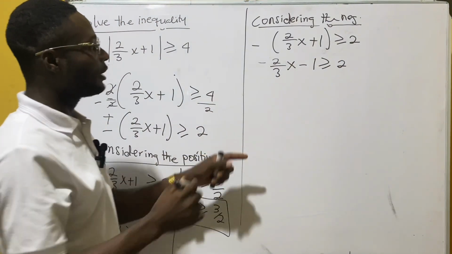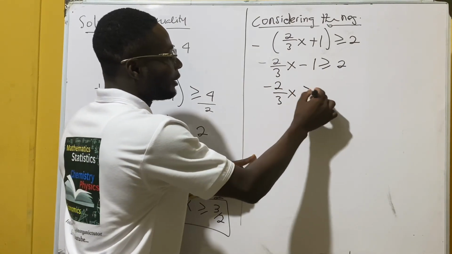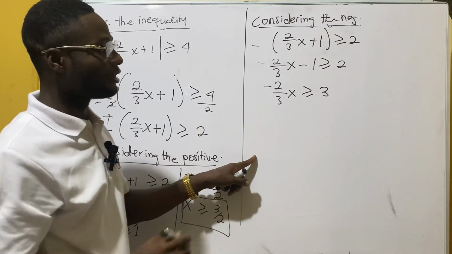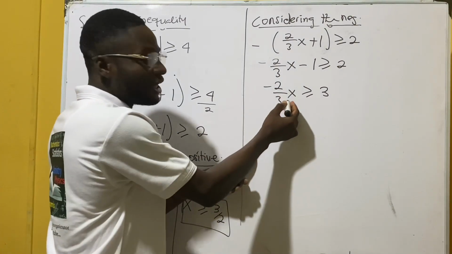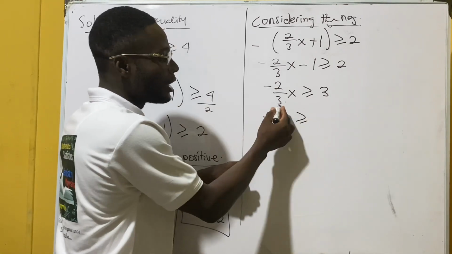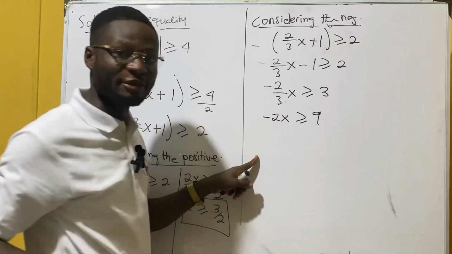Right, so here we are going to have minus 2 on 3x greater than or equal to 3, because this goes to this side, you have 3. So now we need x, so we have minus 2x greater than or equal to 9, that is 3 times 3, which is 9. Perfect.